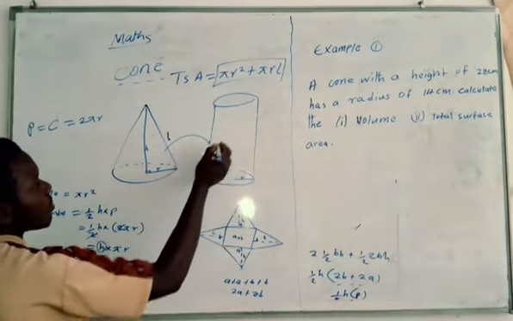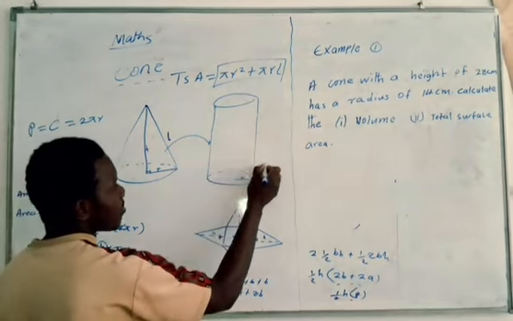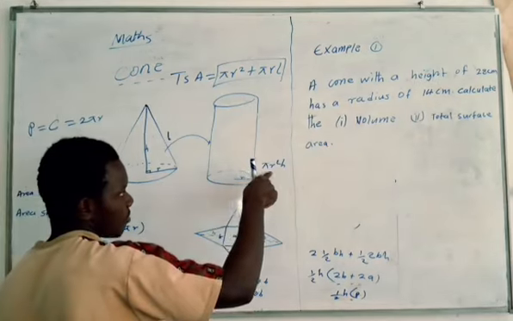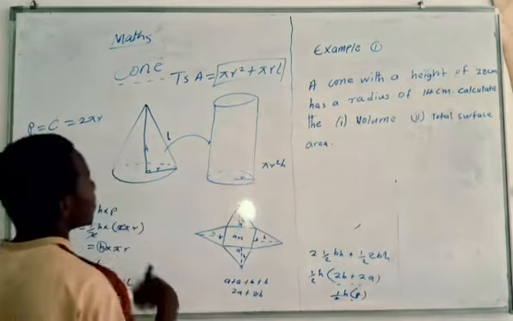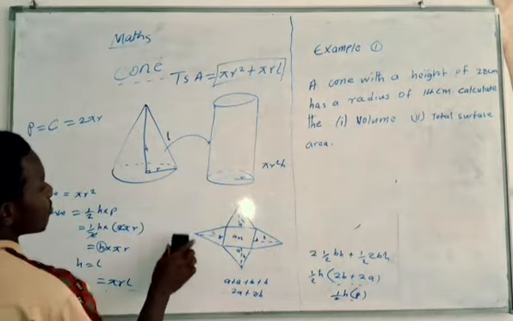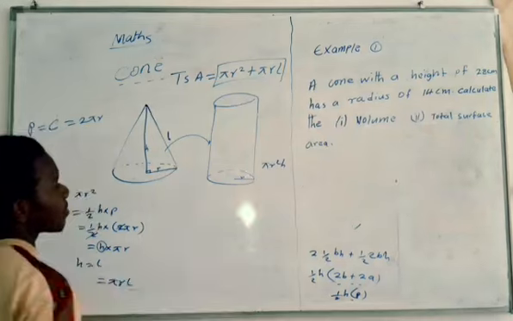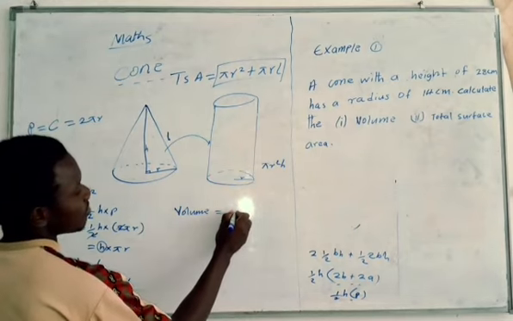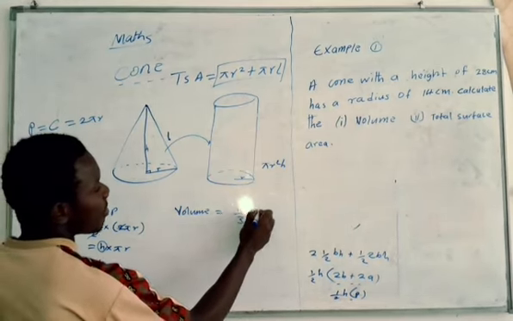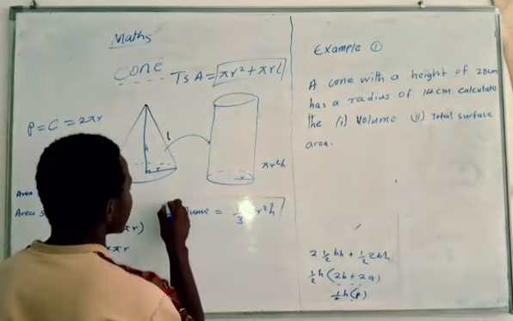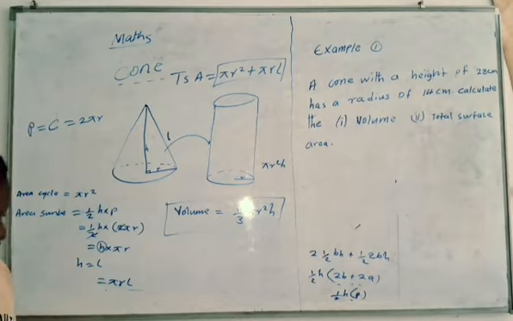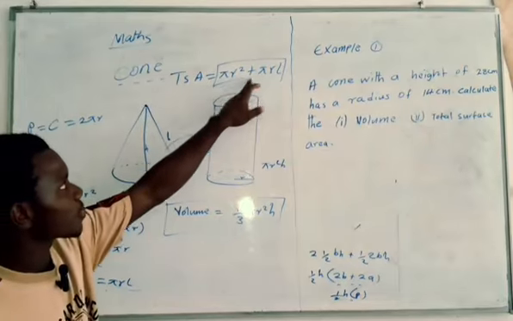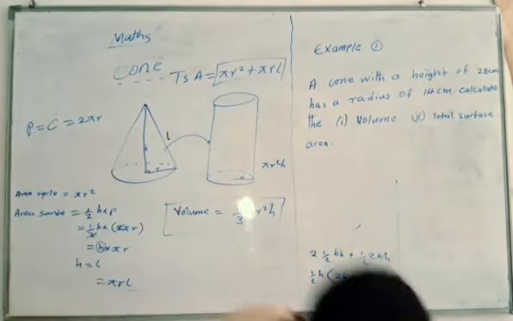So since we know the volume of a cylinder is pi r square h, and 3 of the cone give us the volume of this cylinder, definitely our volume is going to be 1/3 of pi r square h. So this is the formula for the volume of a cone, and also this is the formula for the total surface area, which is pi r square plus pi rl, which I derived for you guys.